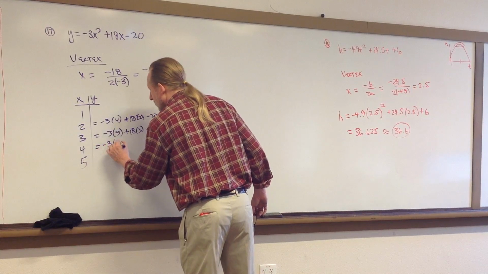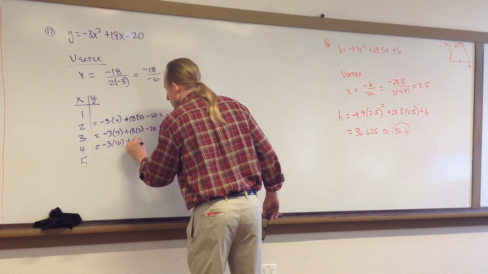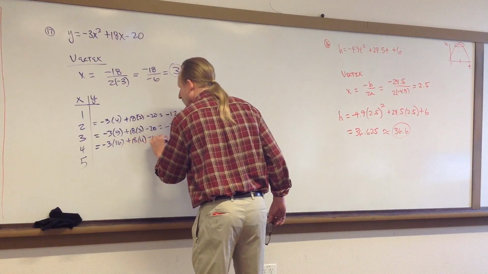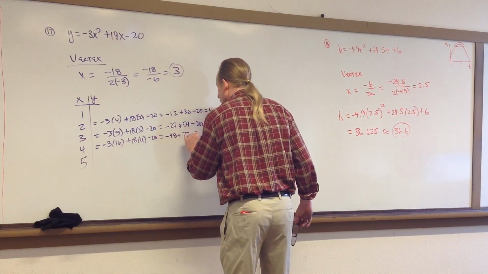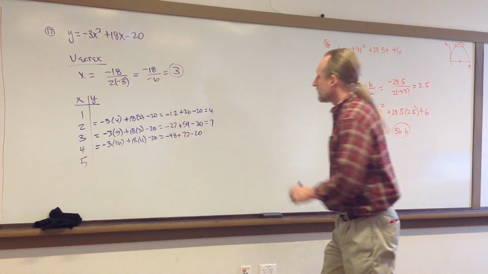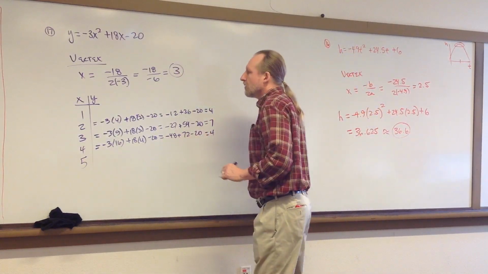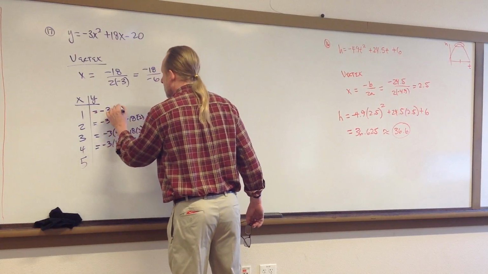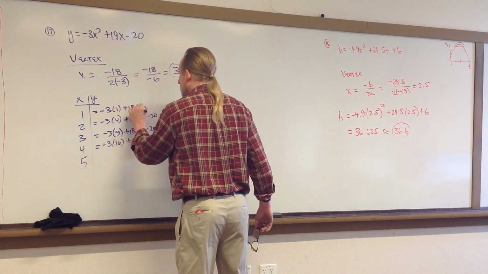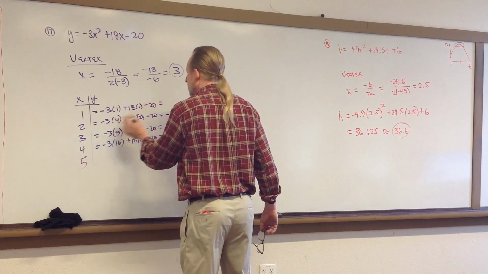Let's see what we get here. Negative 3 times 4 squared plus 18 times 4 minus 20. So that's going to be negative 48 plus 72 minus 20. Yeah, that's 4. Good. For 1, negative 3 times 1 squared plus 18 times 1 minus 20.